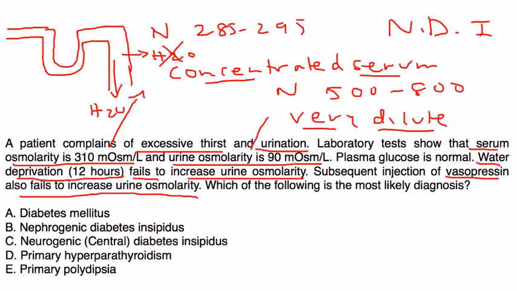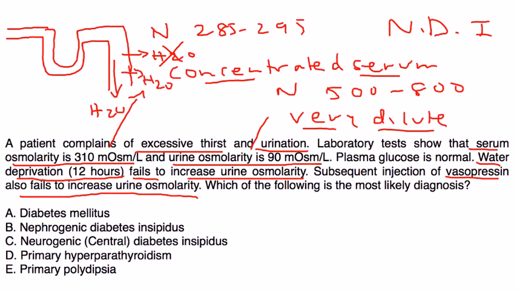Well, why is that? Because in a normal person, water deprivation would make the pituitary release more ADH, and that ADH would then go work on the kidney to bring back water into your bloodstream. Your body says, hey, look, we're not getting any water here. Let's bring back as much water as we can from the urine.